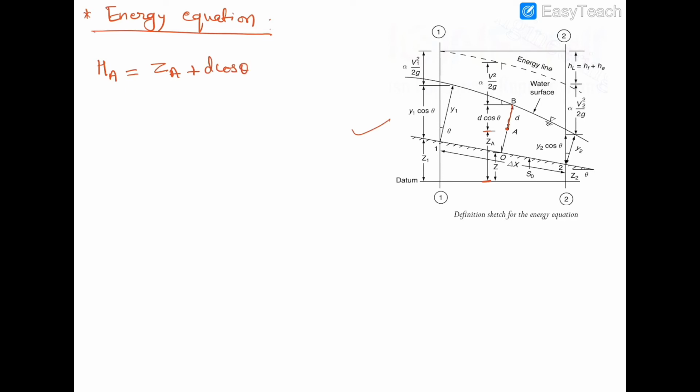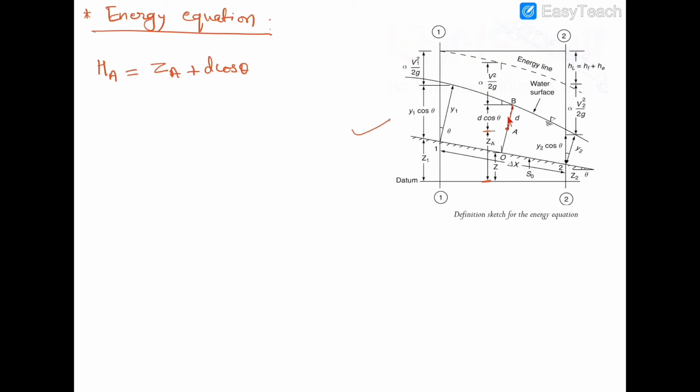Why are we taking d cos theta? Because the energy in terms of head is always calculated in the vertical direction. Since this d is in the direction normal to the bed, we have to find its component in the vertical direction. Clear?